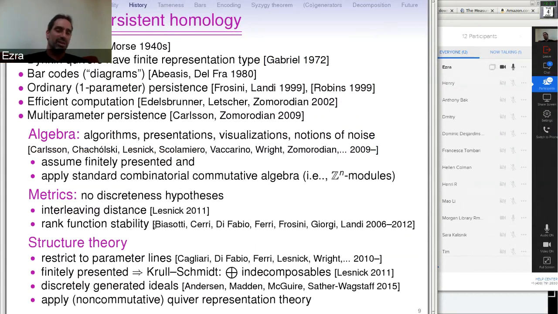Then there are interleaving distances. There are notions of what stability should mean, but in order to prove a theorem about stability, you need to have a class of modules that you're interested in first. In applications, people haven't identified enough applications with multi-parameter persistence to have a class of modules that they care about enough to prove stability.